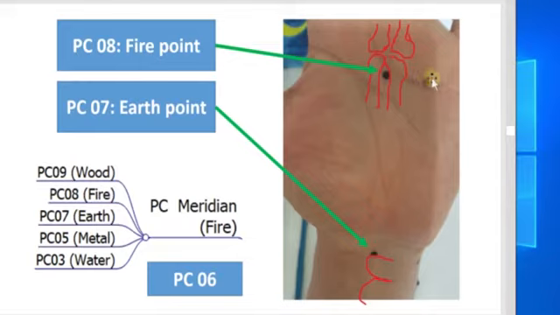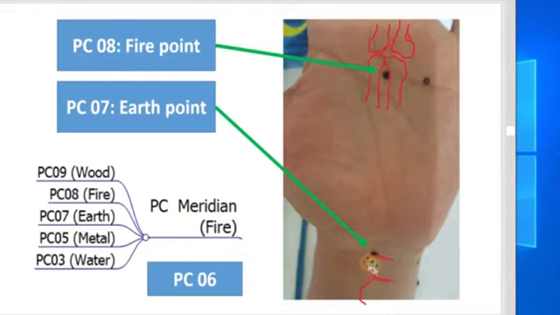Like the heart point, there's a finger bone here, and on the palm, a little bit lower, you touch with the finger and find the hole. PC7, the earth point, is here, between these two lines and the center, where there are also two tendons.